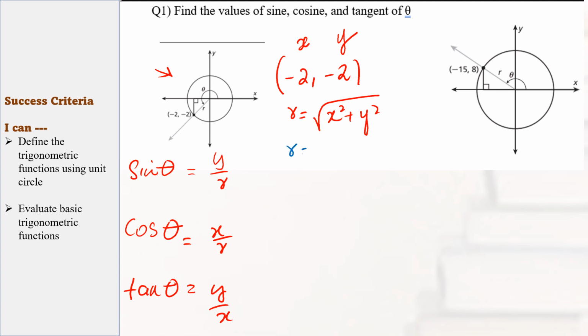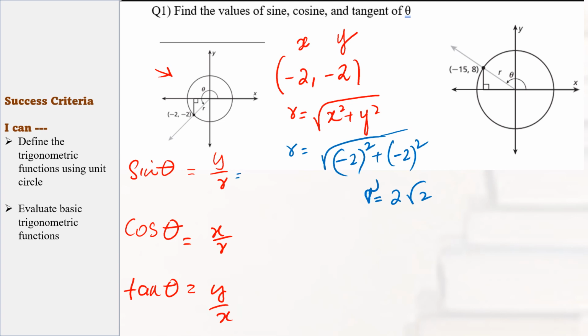Your x is -2, but don't forget to write it in brackets with the power 2, and y is -2 and then whole square. So 4 plus 4 is 8, root 8 is 2 root 2. So your r is 2 root 2.